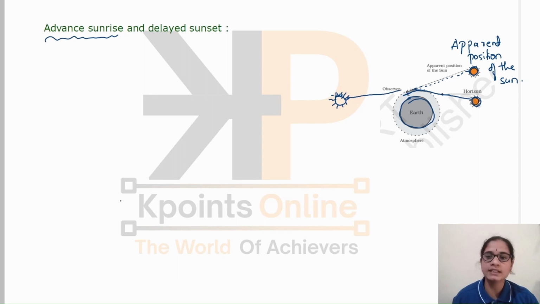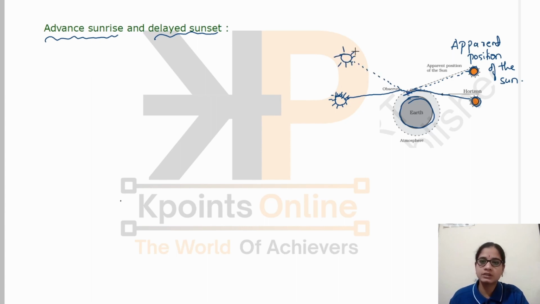When it reaches the earth, it undergoes refraction. After undergoing refraction, what happens here? For an observer's eye, these rays appear as if they are coming from this point. So still the sun is visible for about 2 minutes even after the sun has set. It is due to atmospheric refraction.